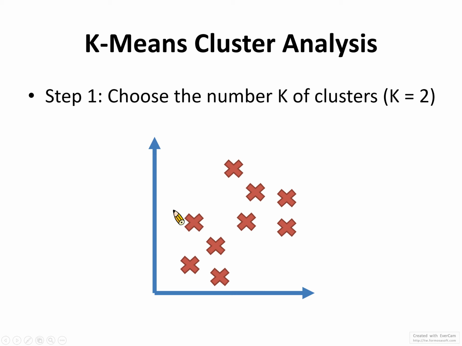But that is a tricky part, because if your data is very complex, for sure you cannot find the number of clusters just by looking at the data. But for this case, you probably will generate your assumptions of the number of clusters. So here, how about we just choose 2 clusters for simplification. Okay, so in step 1, we just choose 2 for our k.